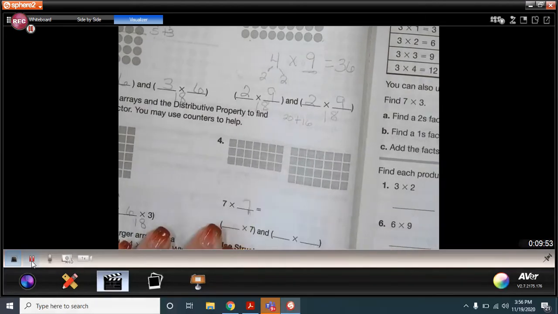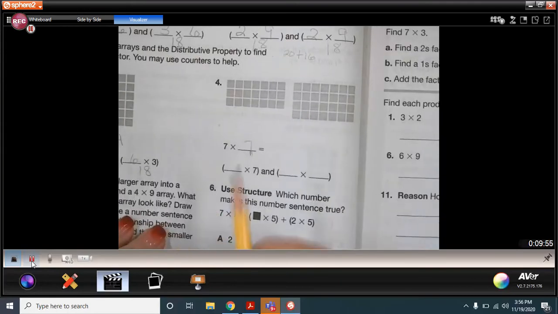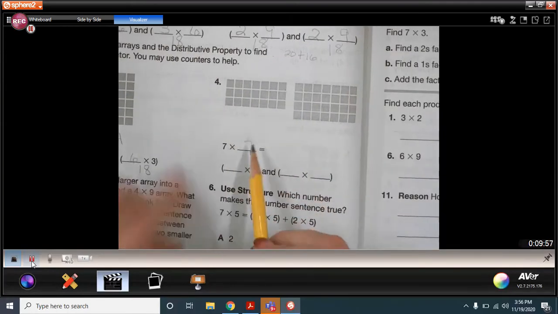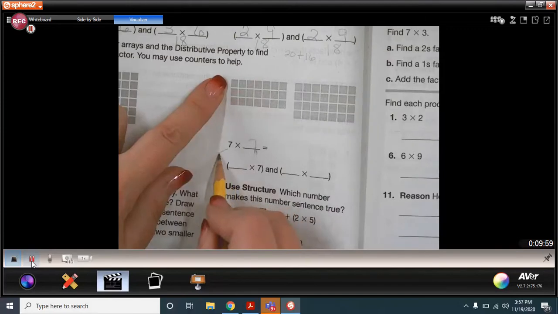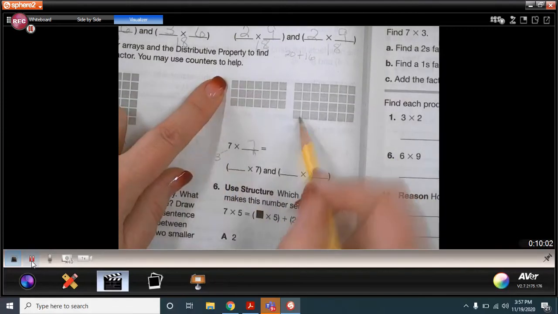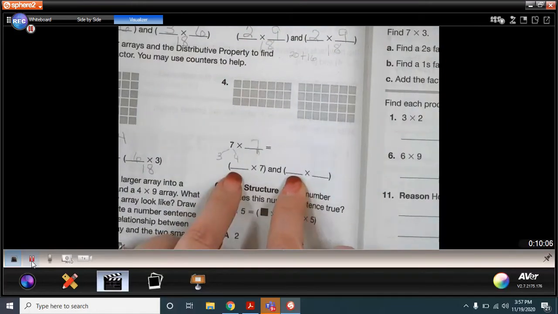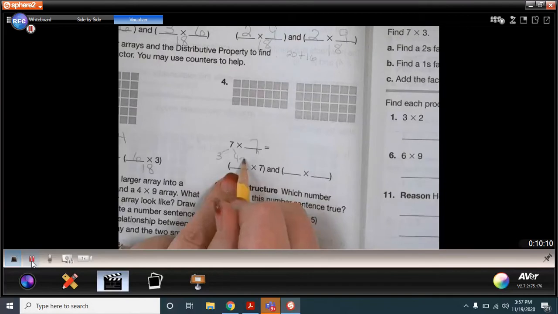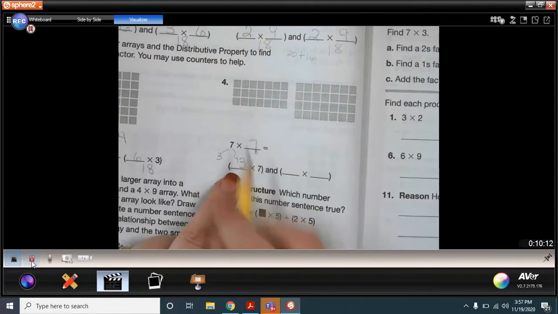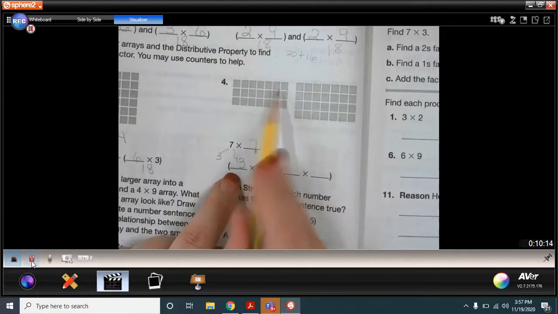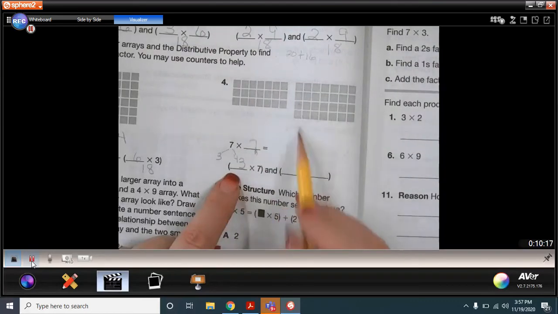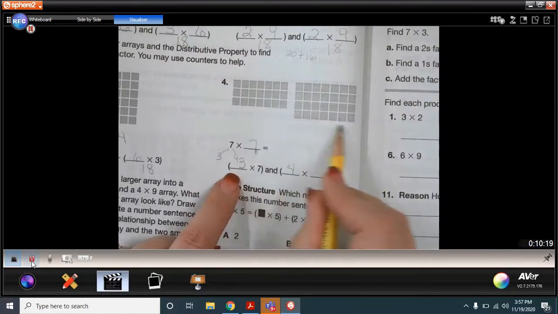And when I see how they took it apart as 3 rows and 4 rows, those are going to be my first factors here for the two equations. So I have 3 rows of 7 here, and I have 4 rows of 7 here.